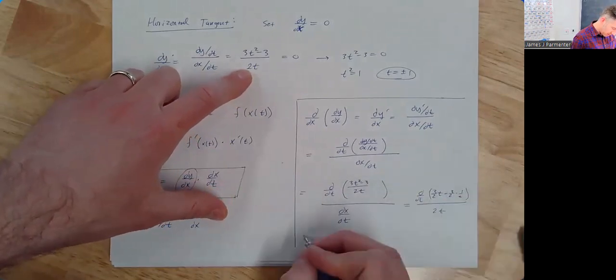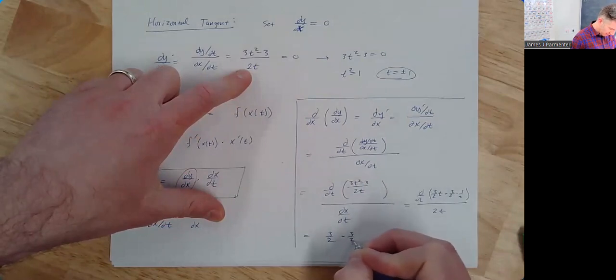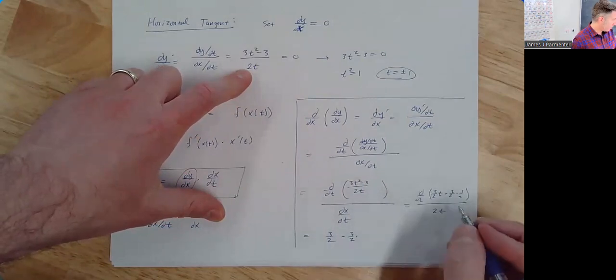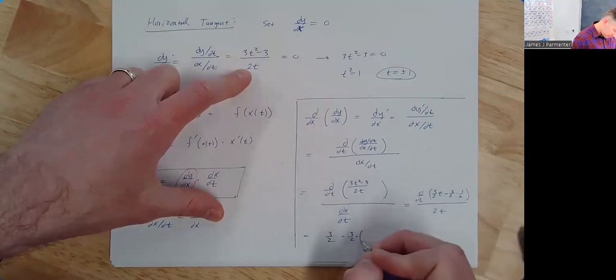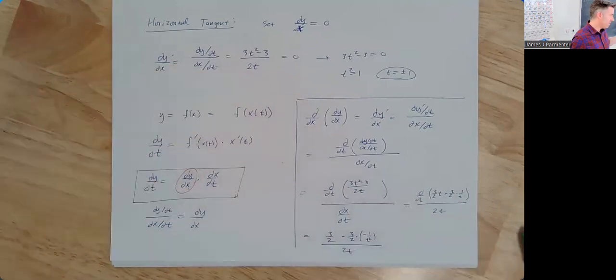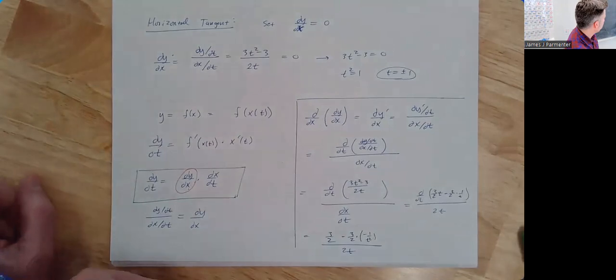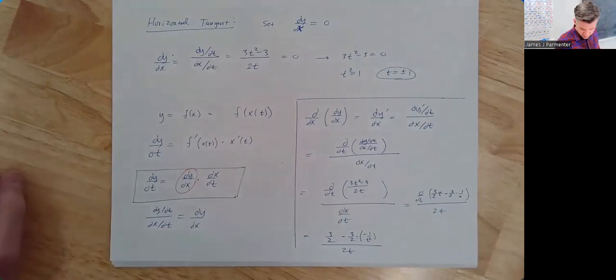So then the derivative up here is going to be 3 halves minus 3 halves times negative 1 over t squared, that's t to the negative 1, all over 2t. And then you can do some simplifying. So it's kind of a pain, but yeah. Second derivative is not just second derivative over second derivative. Thank you. You're welcome. We'll talk more about this next week.